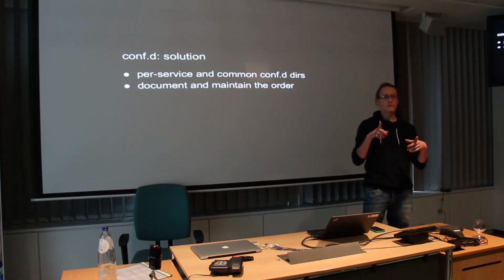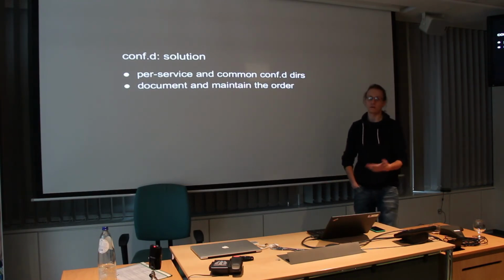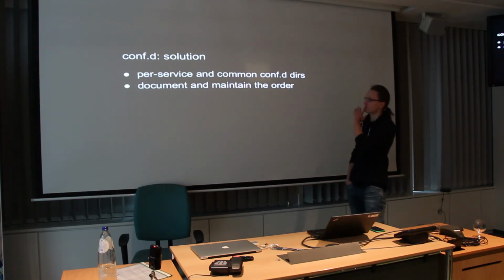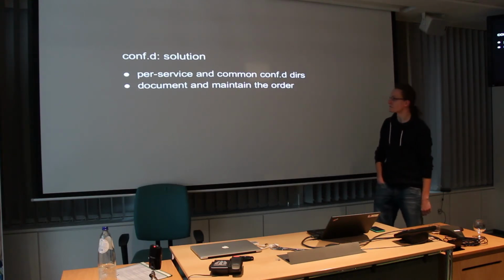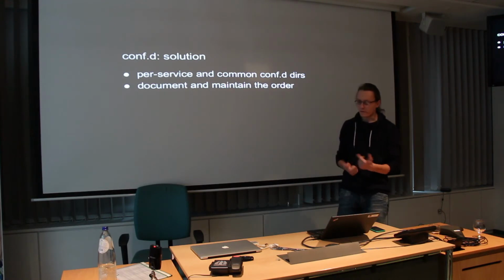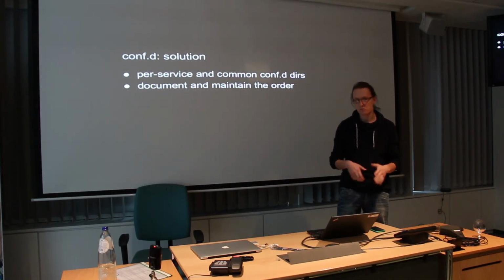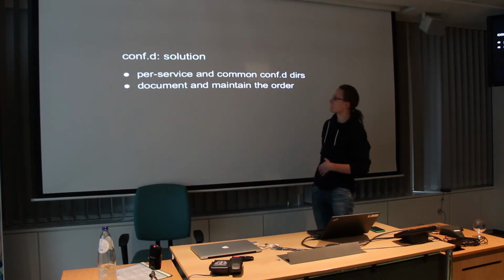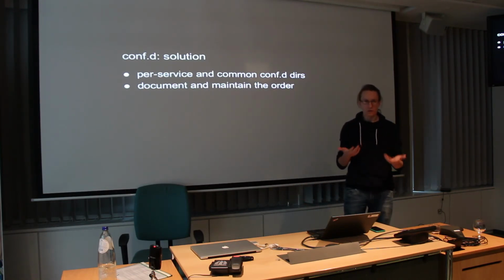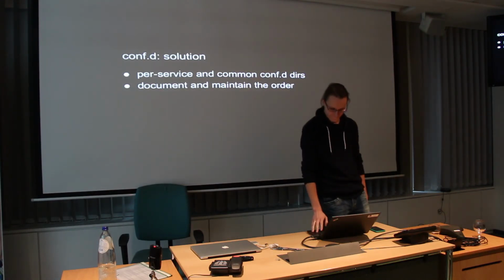And we also have a common directory that is loaded by all services. If you want to enable debug, you just put it in this common directory and restart your services. We ship those directories, load them in all the services, and we also make it public that the ordering is guaranteed. It's part of our RDO guarantee.